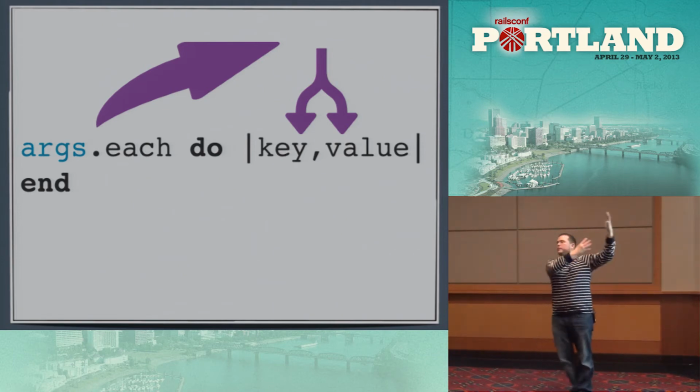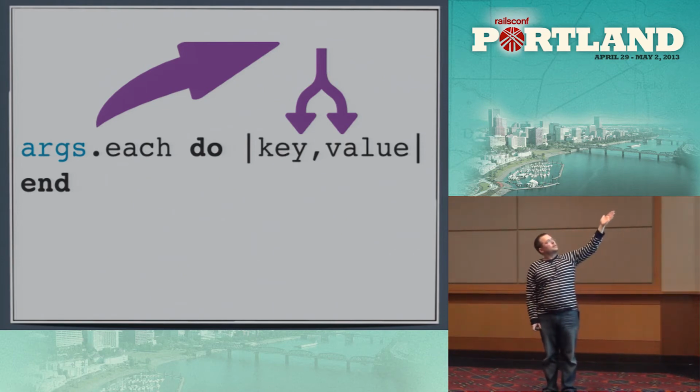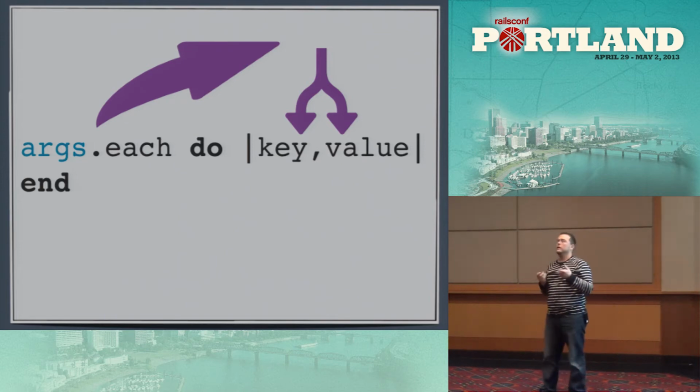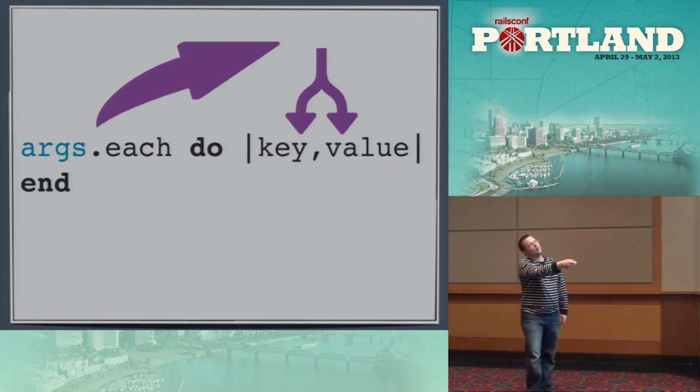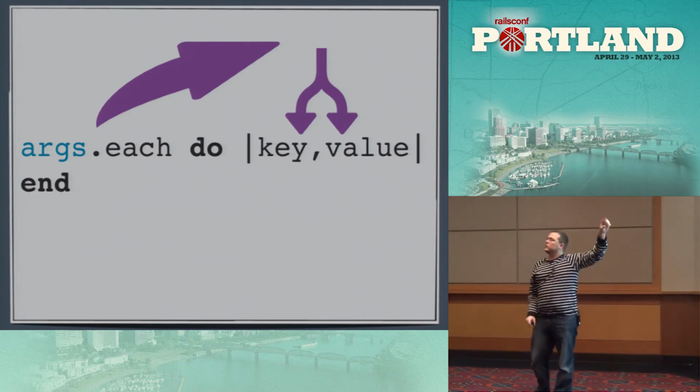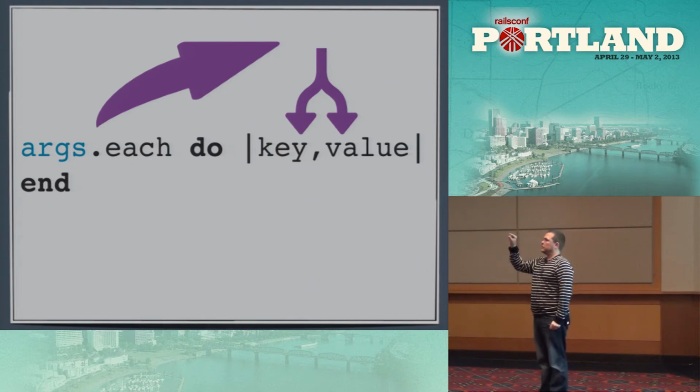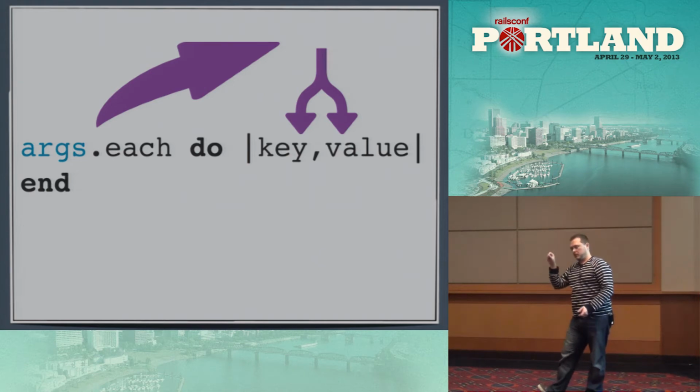With my super fantastic drawing here, for each of the arguments, right, like here args is an array of key values, and as you do each, it takes it and it comes up and then drops it into the local values here, right? So these become parameters to your block. And so it drops in its key value, and then you're able to use them inside of that block. So whenever you see what's going on, just imagine it like coming from each of the array into your block.